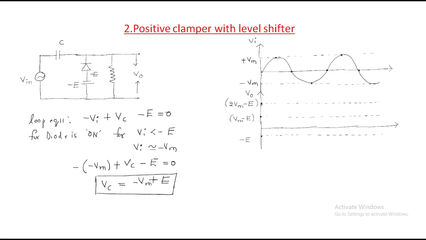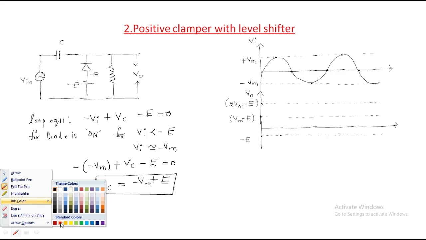That's why in the waveform, 0 becomes minus E, Vm becomes Vm minus E, and 2Vm becomes 2Vm minus E. Then we can draw the output waveform like this.